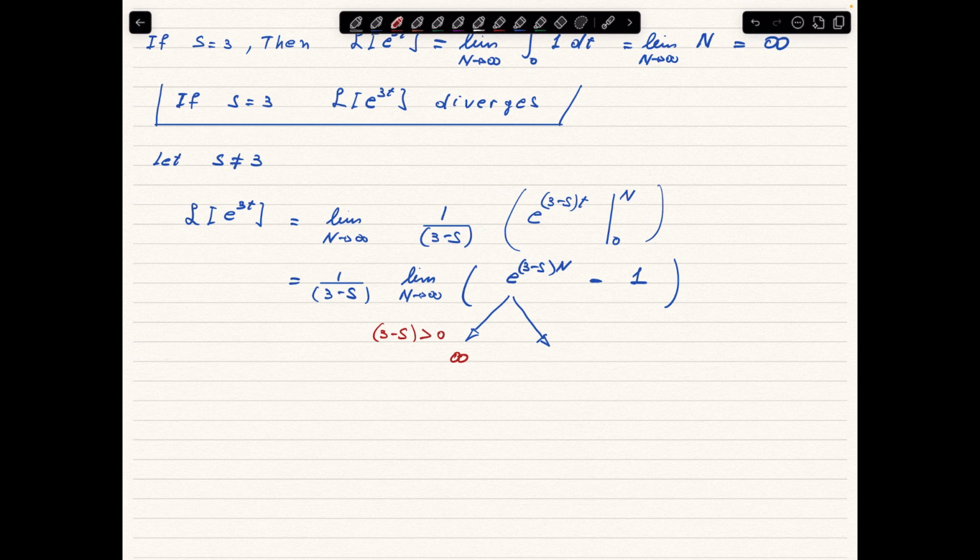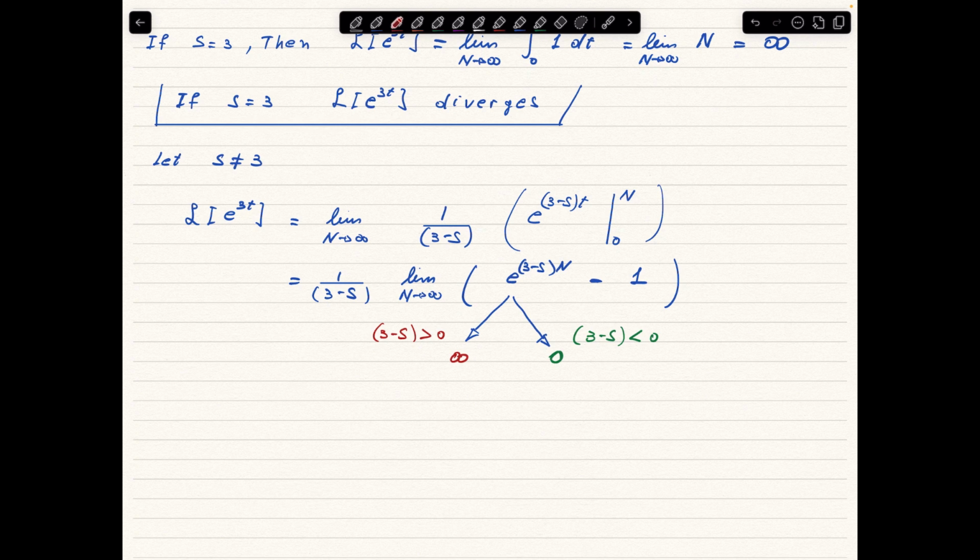But the other possibility is that 3 minus s is actually negative. Then we have an exponential as a function of n with a negative exponent, so it's something like this. It goes to 0; the limit is 0 in that case.